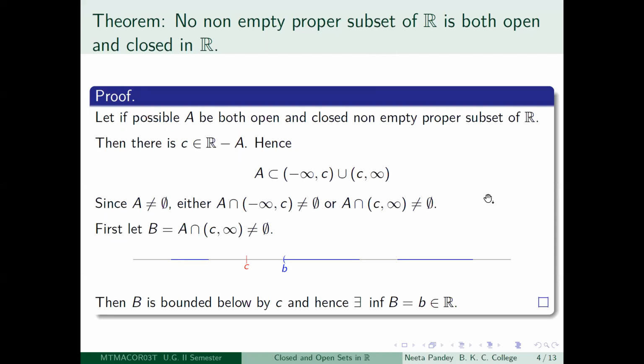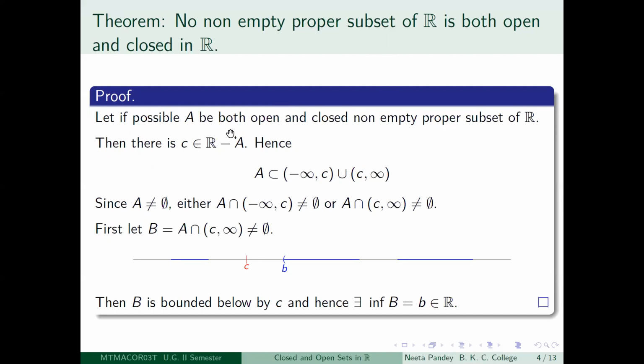The proof is by contradiction. Whatever we want to prove, we assume that the negative of that statement is actually true and show that it leads to a contradiction. So suppose, if possible, capital A is a non-empty proper subset of R which is both open and closed.